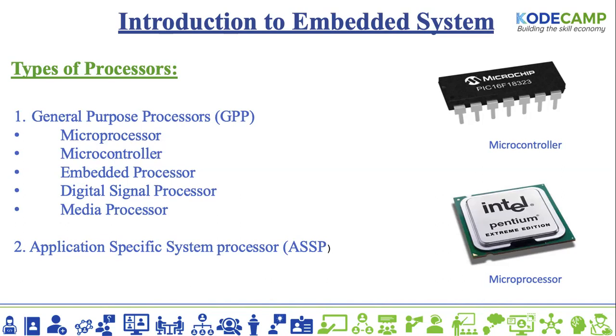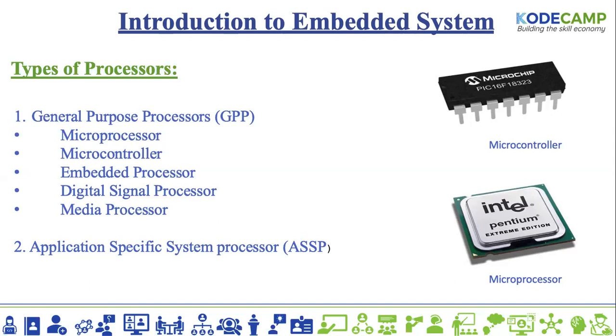The application specific processors are the ones designed for a particular purpose. It can't really do lots of multitasking, like doing this one and that one and the next one at the same time.